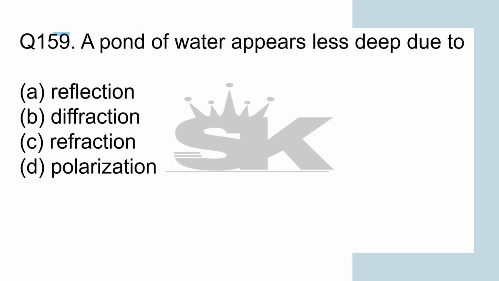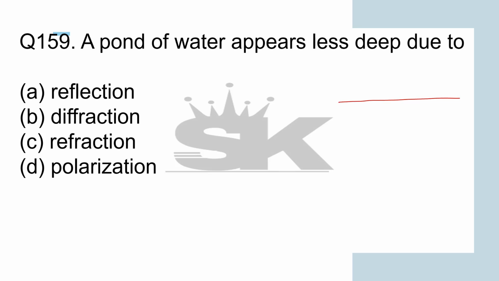So actually, when the light rays pass from rarer to denser, the light ray in the denser medium is towards the normal. If it is the light ray from denser to rarer, it's away from the normal. We'll write it down here.